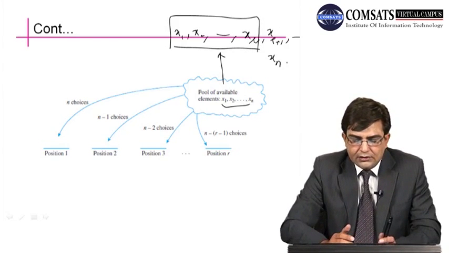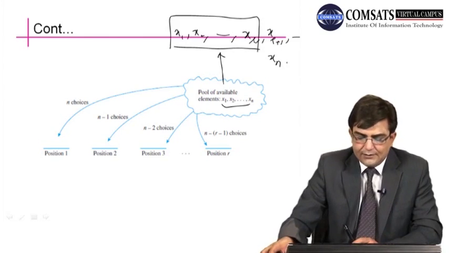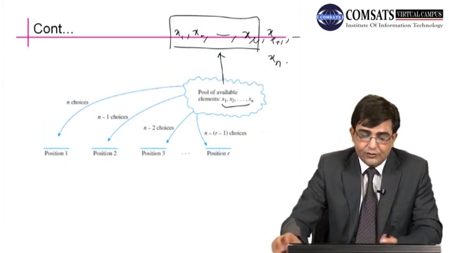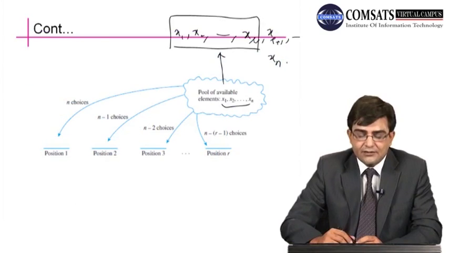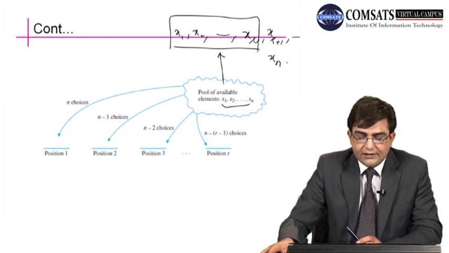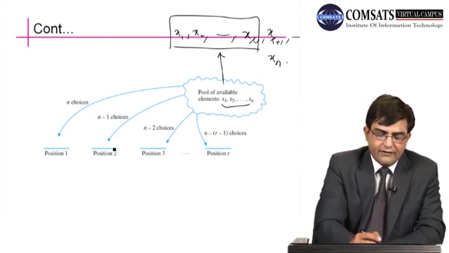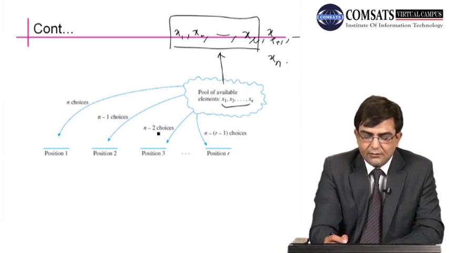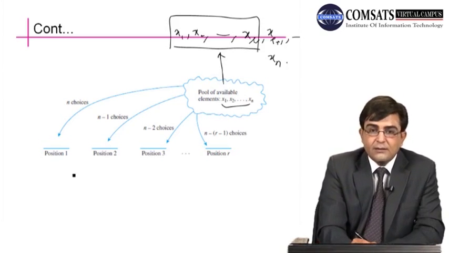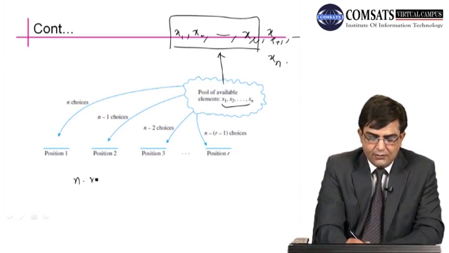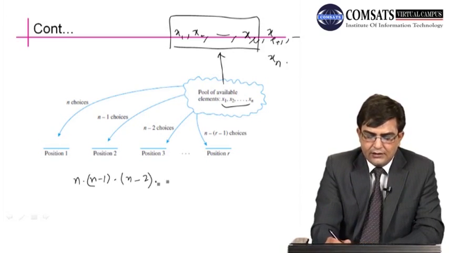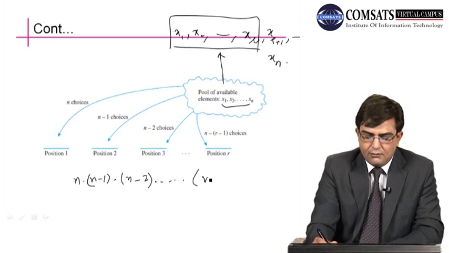If we simplify this expression by using the same technique as we have studied in the multiplication rule, all the choices here will be n into n minus 1 into n minus 2 into so on into n minus r minus 1 choices.